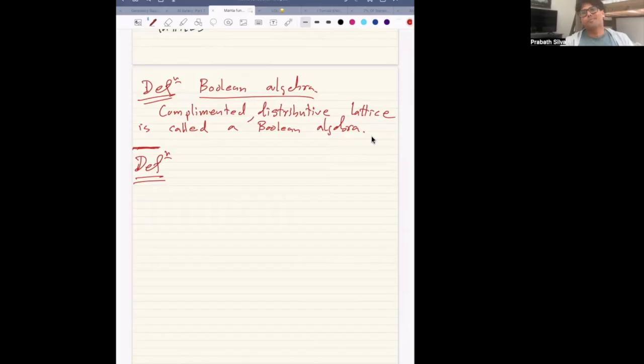But if you have an inner product and a subspace, then you can find the orthogonal subspace to that. So in that case, we have a special complement called the orthogonal complement. Now this is the formulation of that in the lattice language.